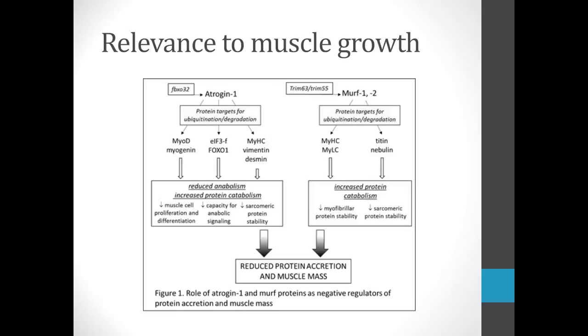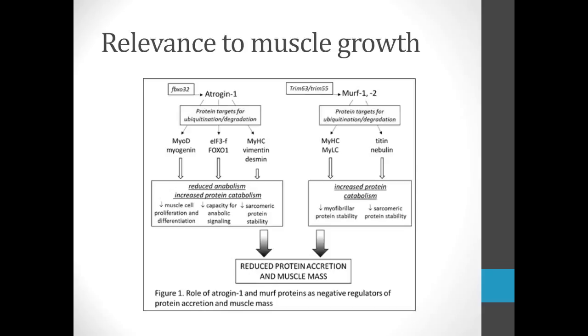In contrast, much more is known about the role of FBOX32, which is more commonly referred to as atrogin-1, and that's the name of the protein itself. Atrogin-1 is also a negative regulator of muscle growth, and the mechanisms are certainly more defined. Atrogin ubiquitinase targets proteins critical for muscle proliferation and differentiation, including MyoD and myogenin, proteins involved in anabolic signaling like FOXO1 and elongation factor, as well as sarcomere proteins.